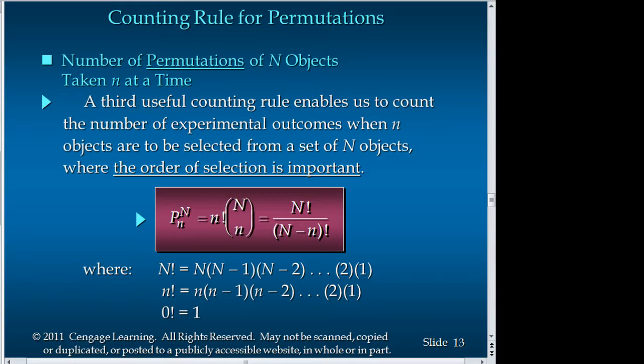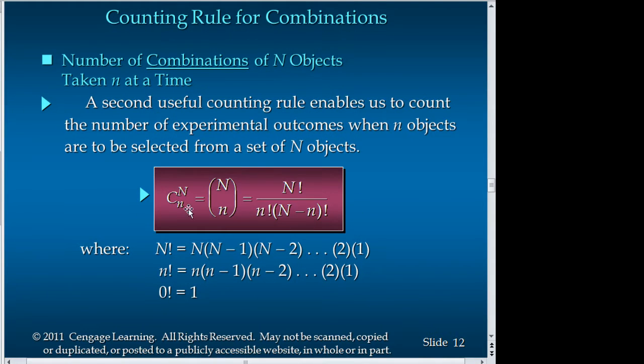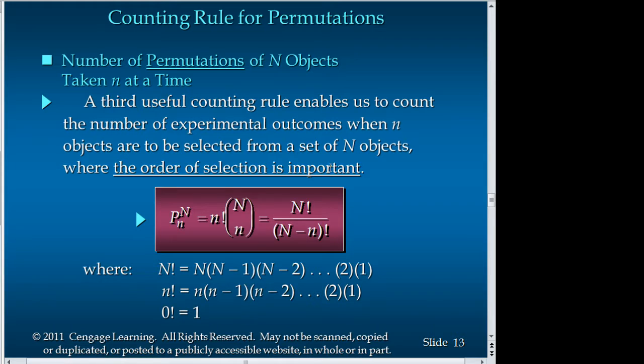So how many different ways can you pick 1 president and 1 vice president out of 8 students? How do you calculate that? You calculate that with the permutation. Why do we use permutation instead of combination? Combination is the case where we don't have to worry about the order. Permutation is the case where we do have to worry about the order.